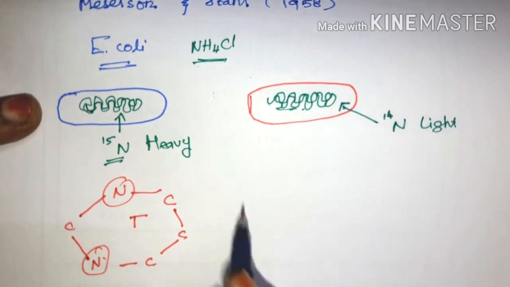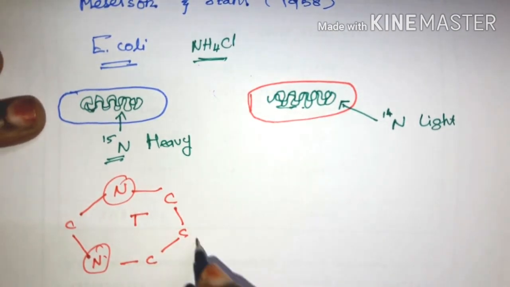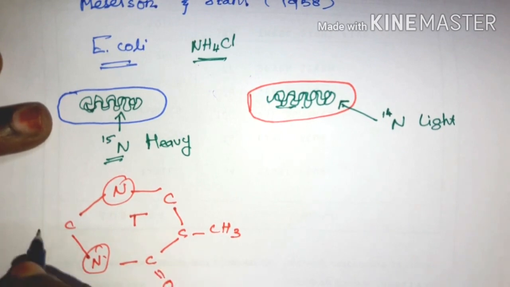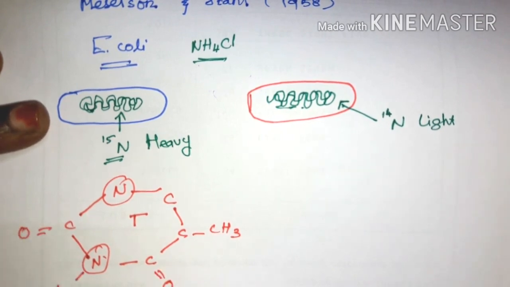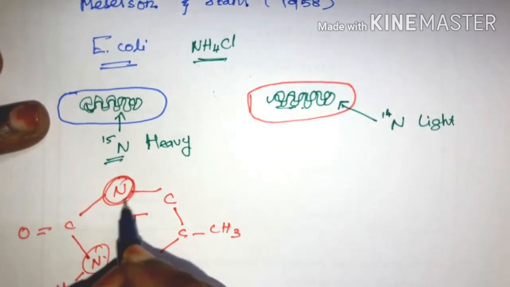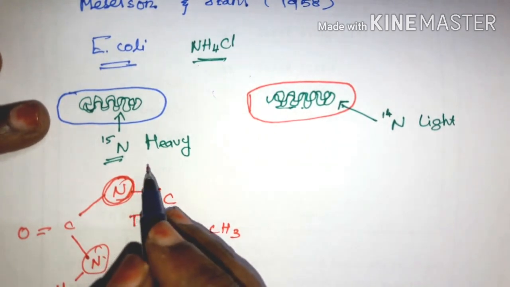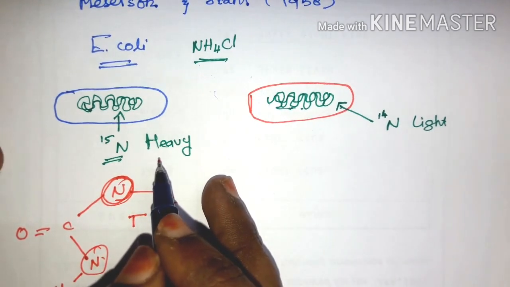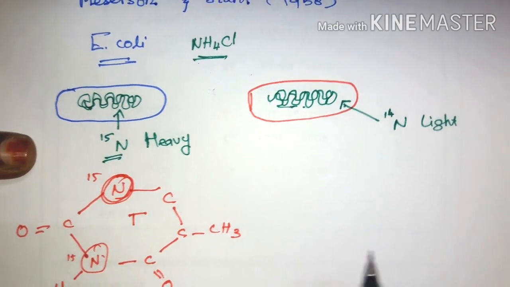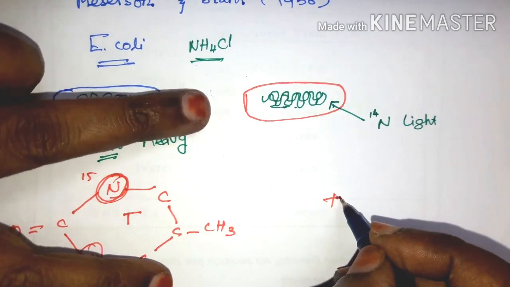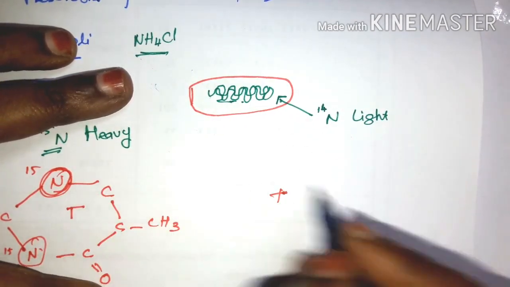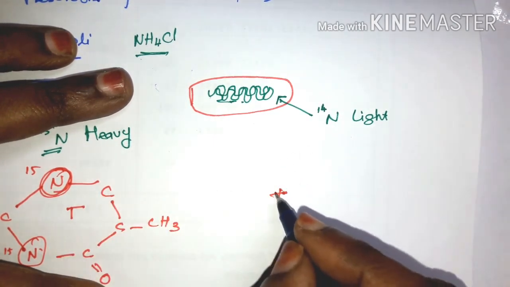When the nitrogen undergoes isotope treatment, it becomes N15. But in this case, they are isotopically heavy molecules.